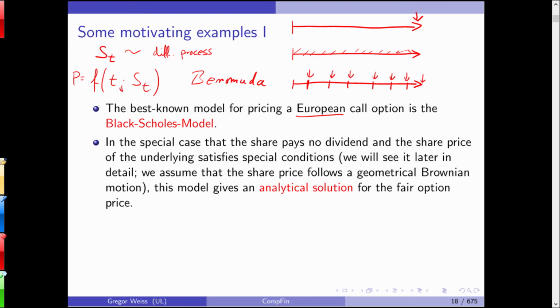Very simple result from stochastic calculus: this is Ito's lemma. If this is true, then this is also a diffusion process, just with different parameters. So it's the same kind of process, but the parameters change.